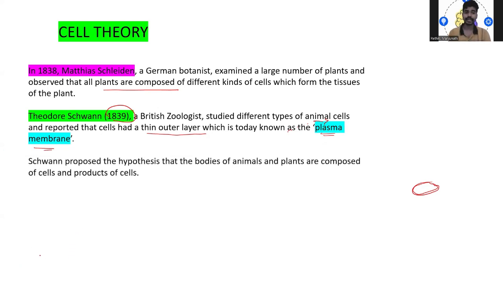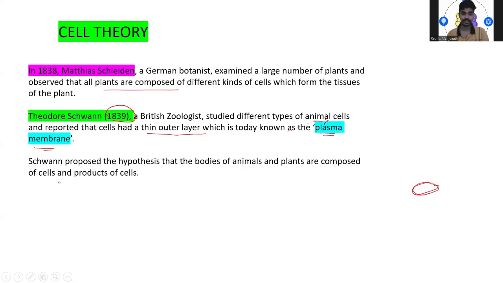Based on that, he proposed a hypothesis that the bodies of animals and plants are composed of cells and products of cells. Clear?